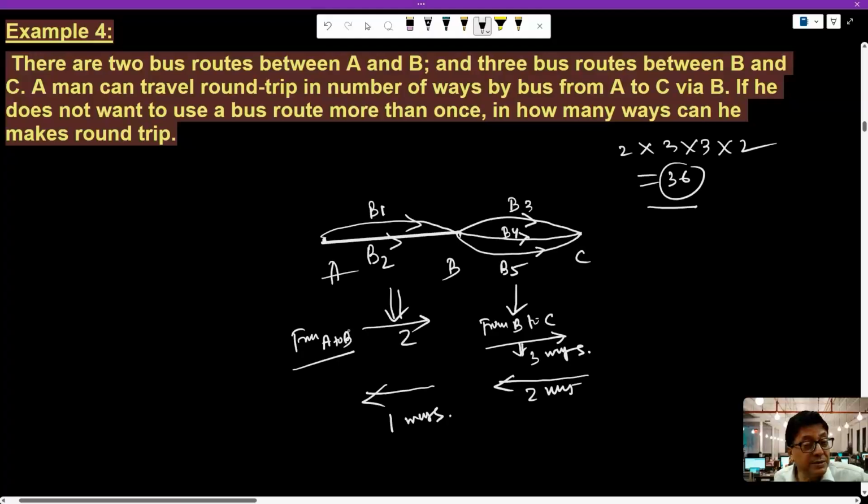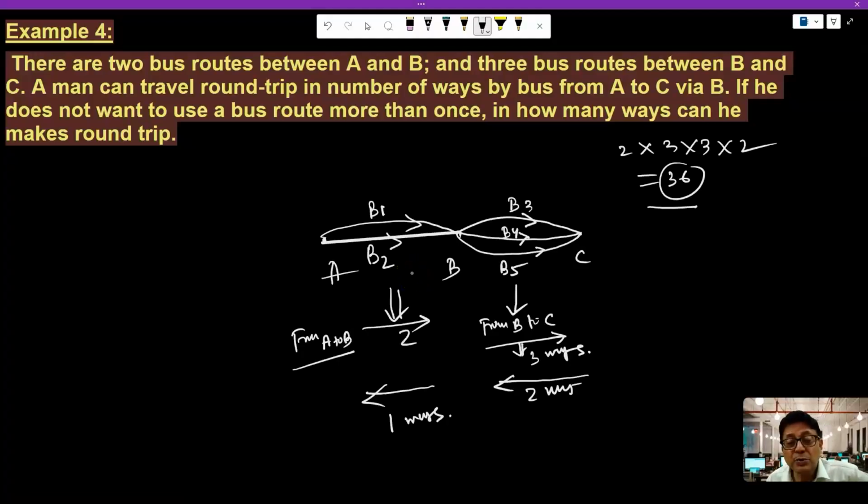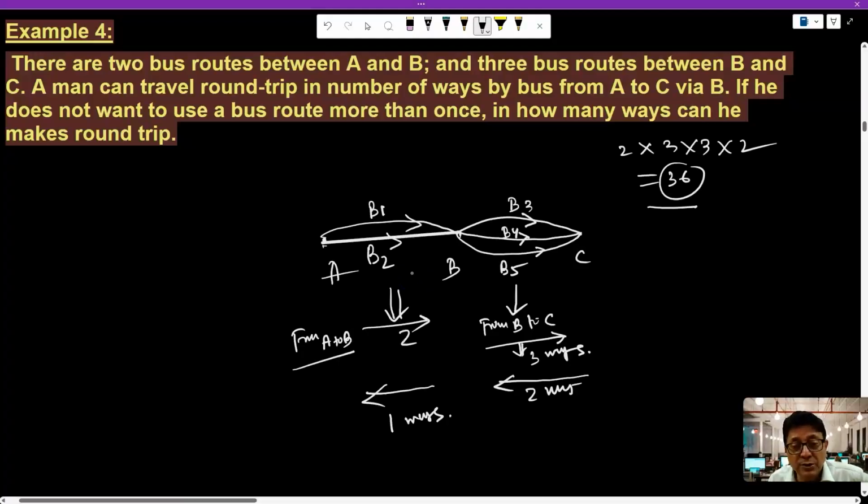Let us summarize. Initially going from A to C, how many ways? From A to B, two ways. From B to C, three ways. Coming back, not using the same route, can be done in two ways. B to A, not the same route, one way.